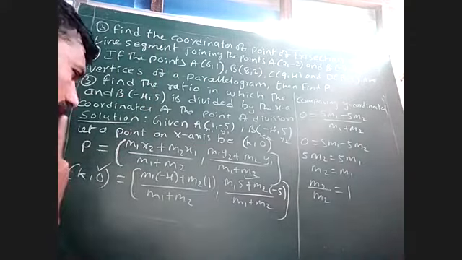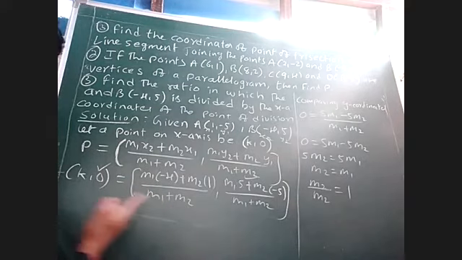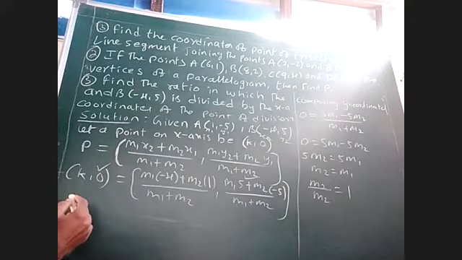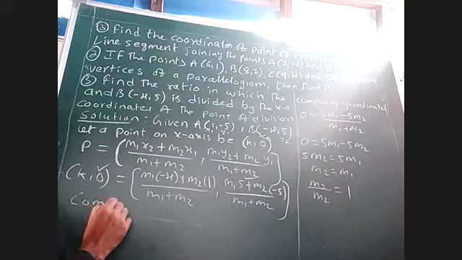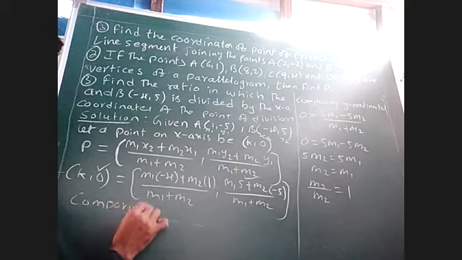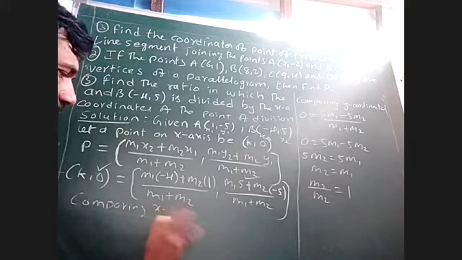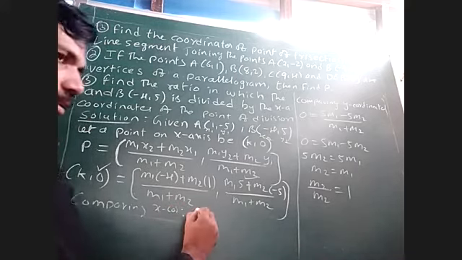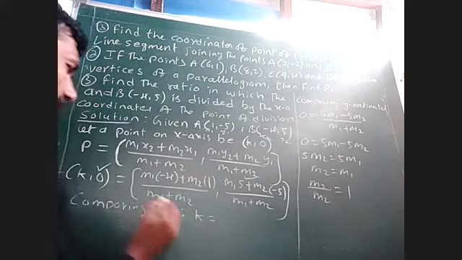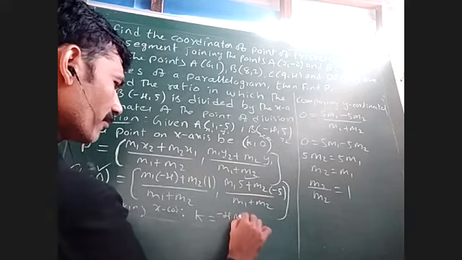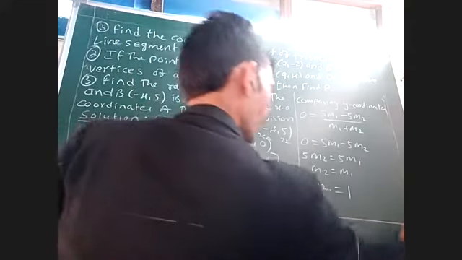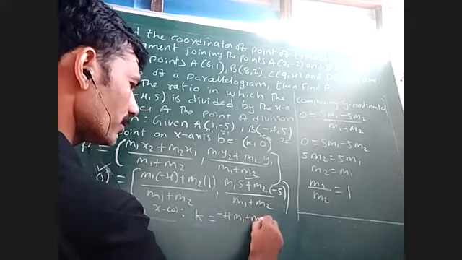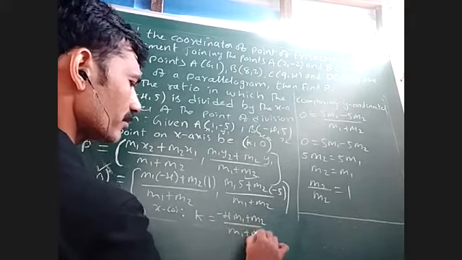Okay, now you see what we can do. You can also find the k value. How will you get the k value? By comparing x coordinates. Here the x coordinate is k, and here minus 4m1 plus m2 upon m1 plus m2.